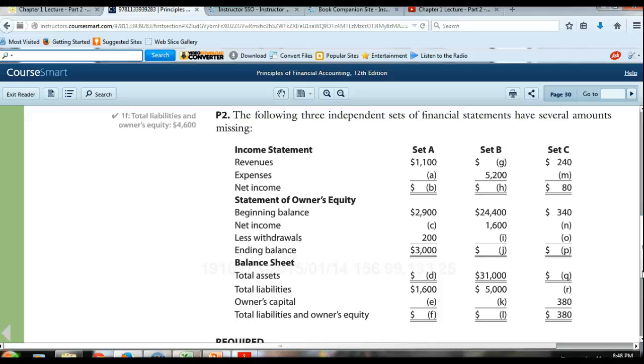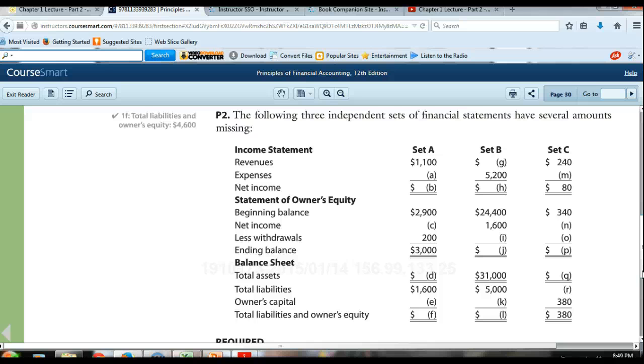If our beginning balance of owner's equity is $2,900 and we have withdrawals of $200, with our net income, $300 would be our net income. So if C is 300, what's B going to be? 300. What does that make A? 800.